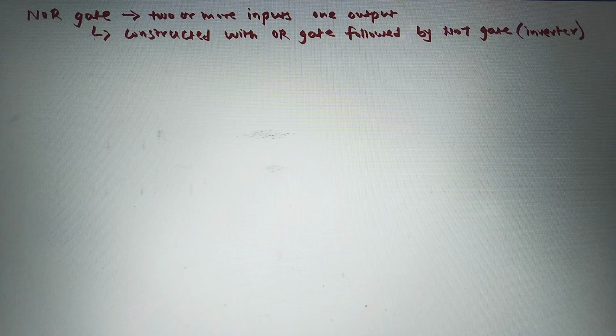So the NOR gate is constructed with OR gate followed by NOT gate or an inverter.